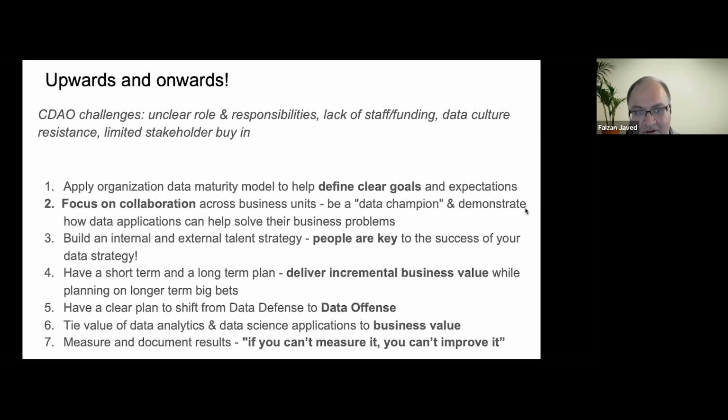Be a data champion, focus on collaboration, and show business units what can be done. Hiring is really important. Have key people and make sure that we deliver incremental business value. The plan should always be to shift from data defense to data offense, right? That's the end goal, because we have to show business value or what the impact is. And as I said, we have to have proper metrics and measurement, because if you can't measure it, you can't improve it. So that's, at a high level, the data strategy.